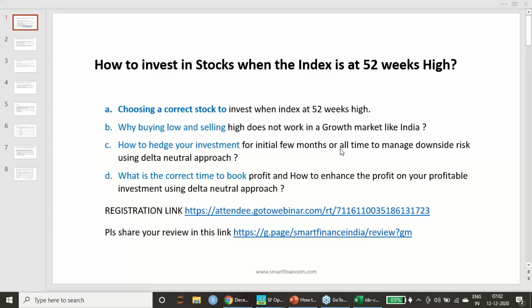Why is hedging important for your investment? The reason is, once you invest in any stock, it doesn't mean that after your investment it is going to go up. If you assume that you have invested in a particular stock and it will only go up and never fall, then I cannot classify you as an investor.